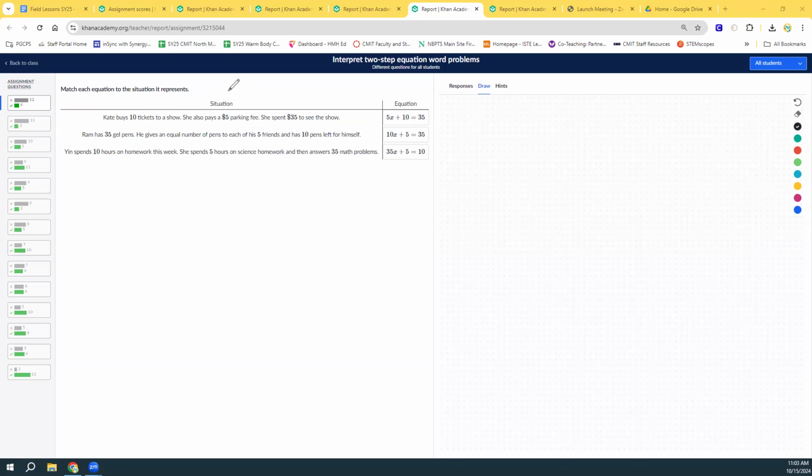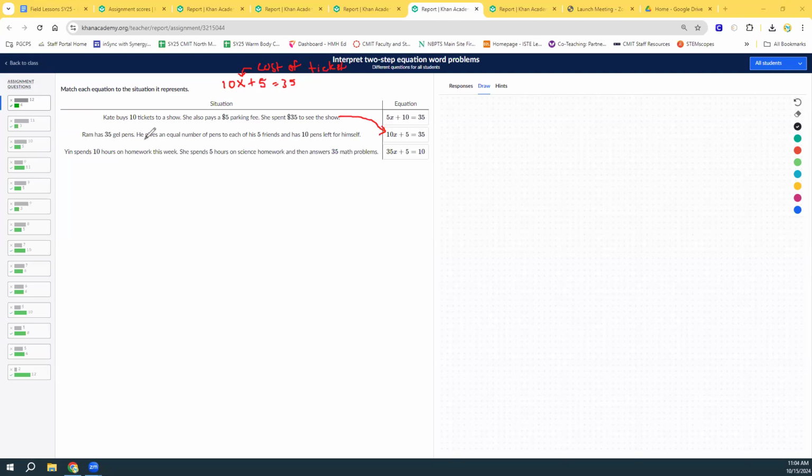And so we know there's a cost per ticket, right? So 10x, where x is the cost of a ticket. So you got to multiply that to get the total cost, right? And then she had to pay for parking. And she spent $35 altogether. So that equation should look like that.